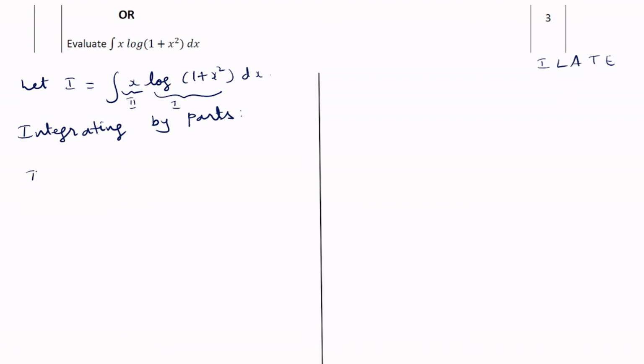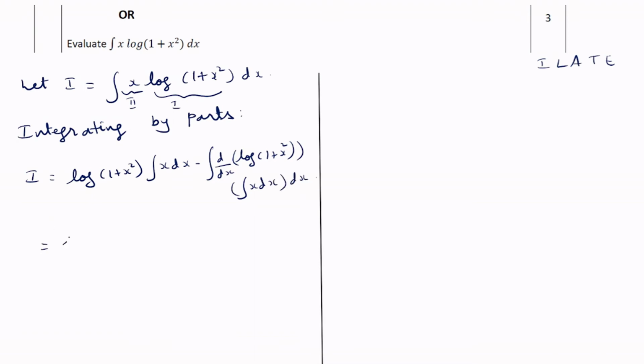So using integration by parts, we get I is equal to log of (1 plus x square) integral x dx minus the integral of the derivative of the first function, derivative of log of (1 plus x square), into the integral x dx, into dx. So this is equal to log of (1 plus x square) into x square by 2 minus the integral of the derivative of log of (1 plus x square). We have to use the chain rule of differentiation to differentiate this.